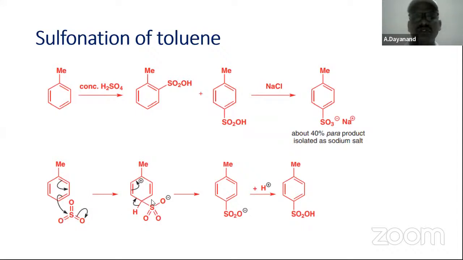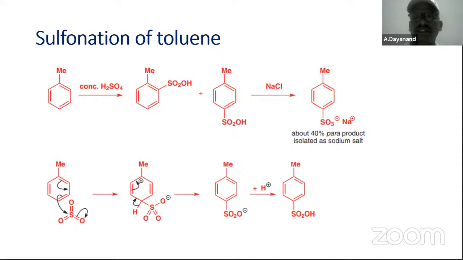It is going to attack at the para position, same as in phenol. Here also the pi bonds are involved, and it attacks forming a sigma complex, the Meisenheimer-type complex, which has both plus and minus charges. Then it loses the proton, forming parasulfonic acid.